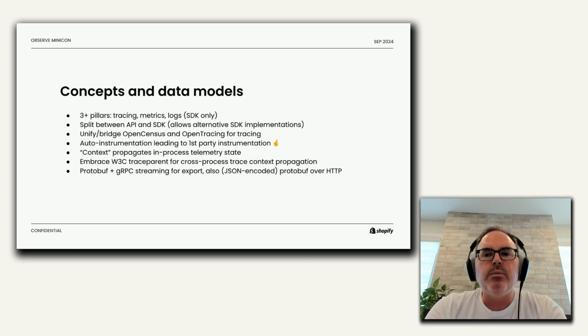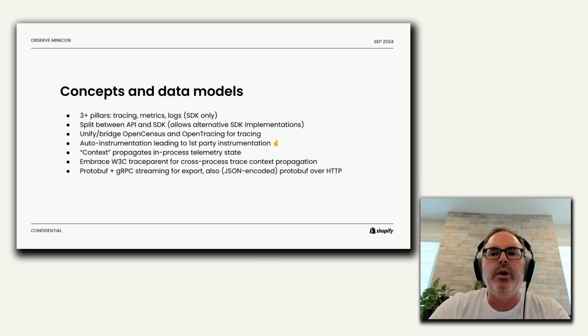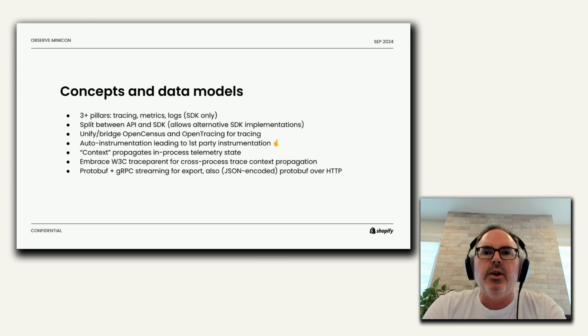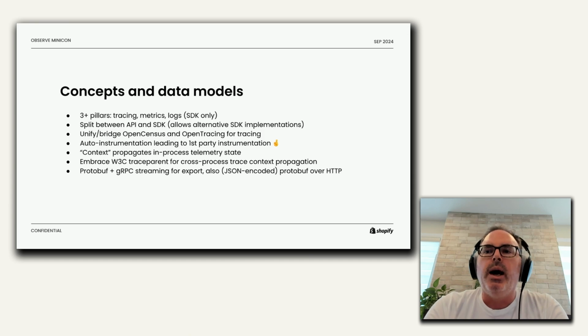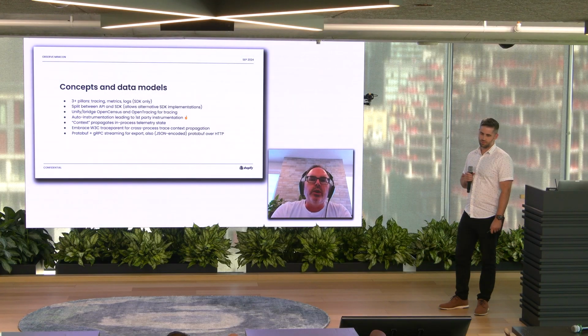So the spec is motivated by a handful of important concepts. A key organizing principle is the 3 pillars of observability. The spec addresses logging, metrics, and tracing mostly separately, with some more experimental work ongoing for profiling.